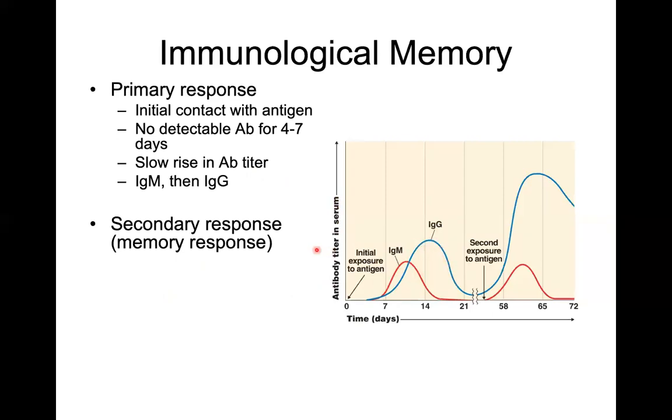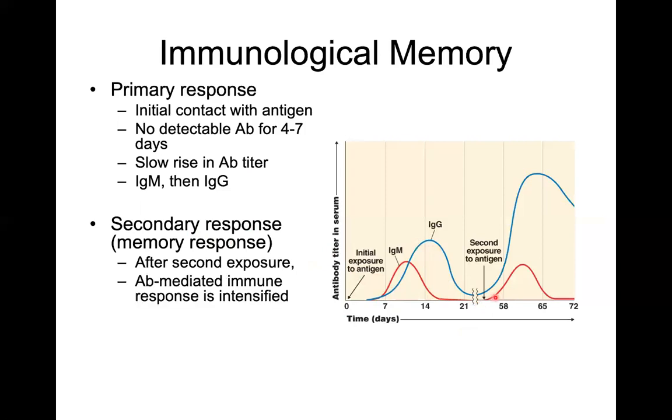The secondary response to the same antigen is based upon immunologic memory. So your immune system here has fought off the antigen and won. Let's say you get infected with the same antigen again later on. Upon the second exposure to that same antigen, your immune response occurs a lot faster, and as you can see from the graph, it's more intense.